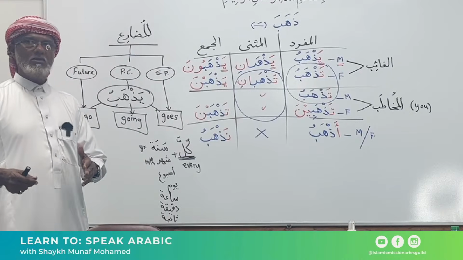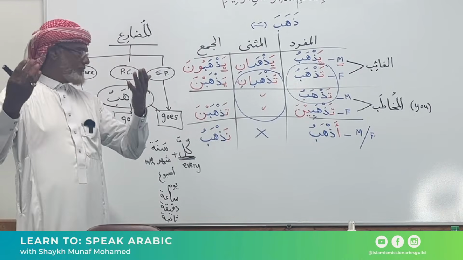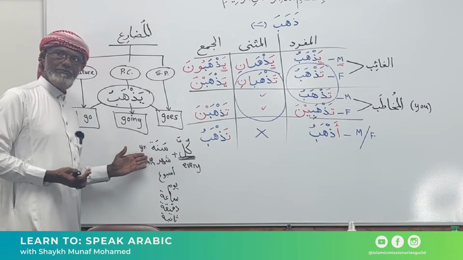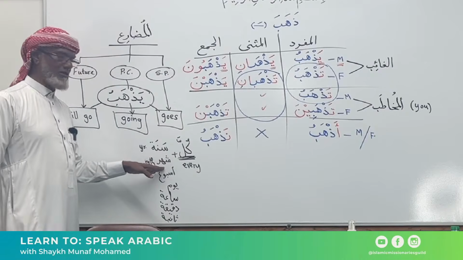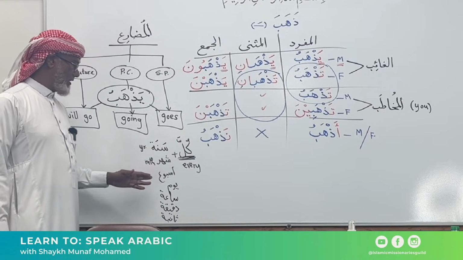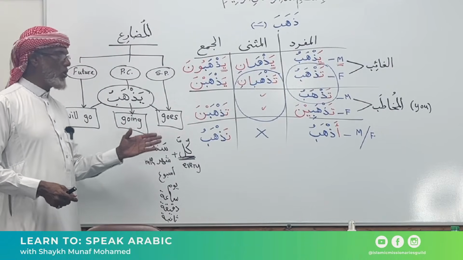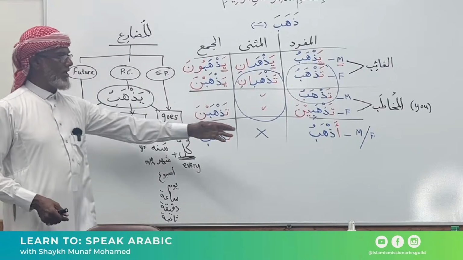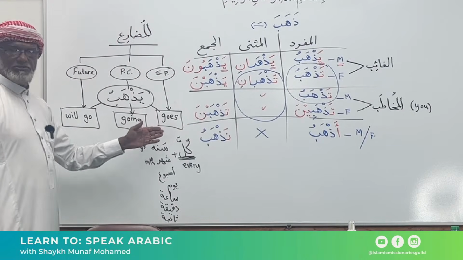Adhabu ila al-umrah kulla sana. All right? Adhabu ila San Fernando kullu shahr. Or adhabu ila Canada kullu shahr. So I go. So adhabu is I go, yadhabu is he goes.